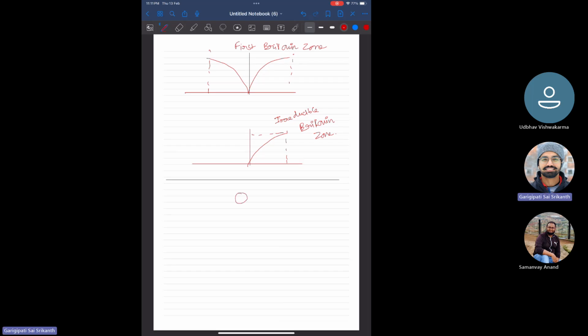So how do we take that? Maybe we can take two particles inside the unit cell. So maybe this is M1, this is M2.